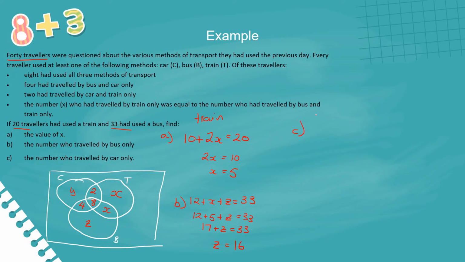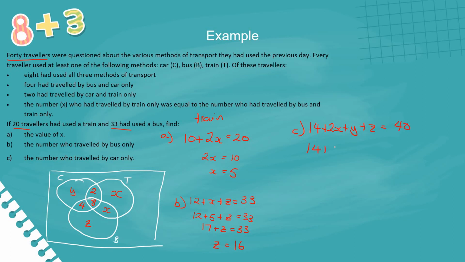For part C, the number who had travelled by car only. Now I don't know what the car adds up to. That information isn't given anywhere, but I do know that we have 40 travellers altogether. So if I add everything inside my Venn diagram, I'm going to get to 40. So I have here 4 plus 8 plus 2, so that's 14, plus I have 2x plus y plus z equals 40.